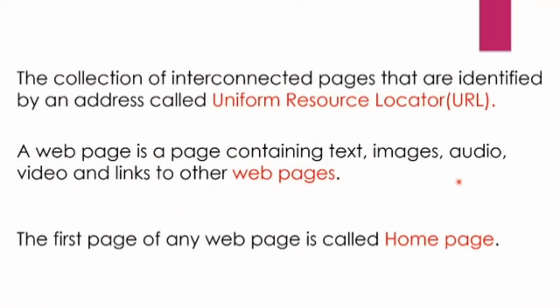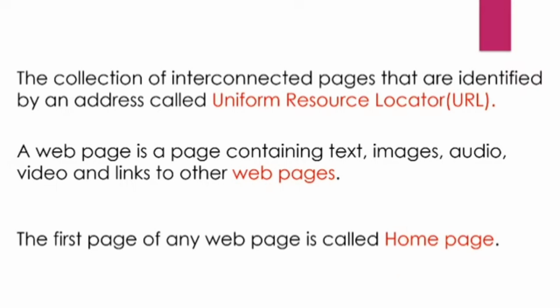Network. The collection of interconnected pages that are identified by an address called Uniform Resource Locator or URL. A web page is a page containing text, images, audio, video and links to other web pages.